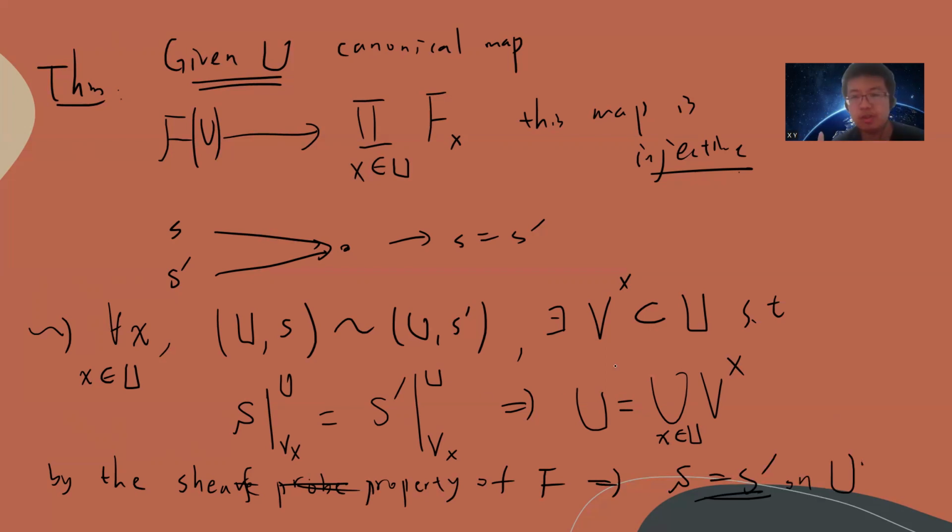The property of a sheaf says that if two sections agree on each open set of a cover, then they agree on the whole space. So this is the first theorem. It is important because in the future, when we talk about sheafification, you will need it.